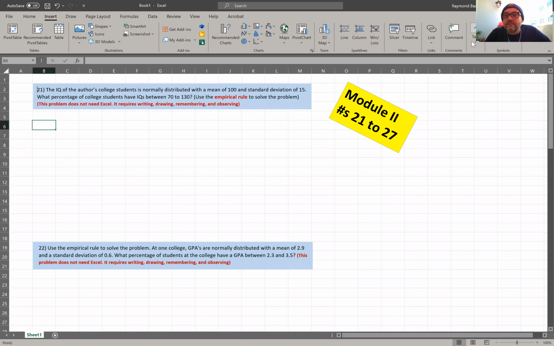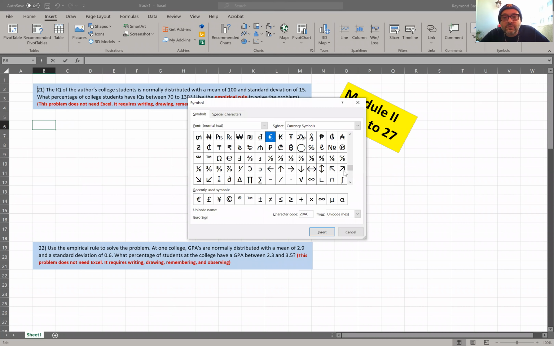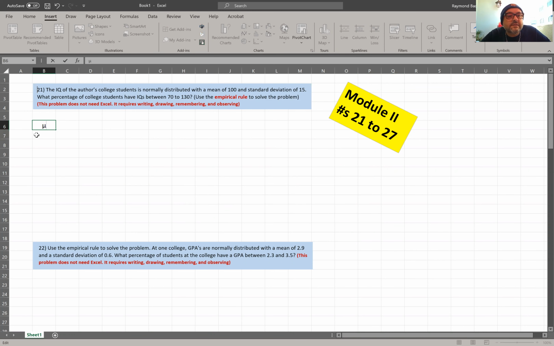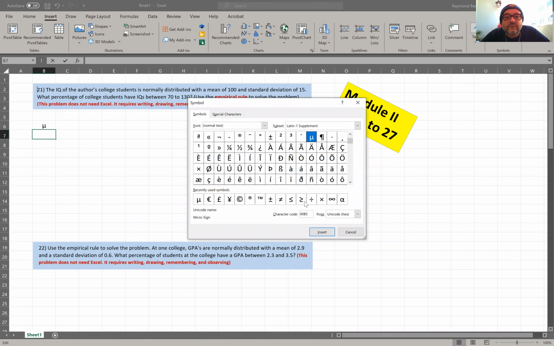Let me insert, instead of saying population mean, I'm just going to insert a symbol mu, and I can find it on insert. All right. And then the next one is the standard deviation, which is sigma. So I think I have a symbol for that too, if I can find it. Let's see.